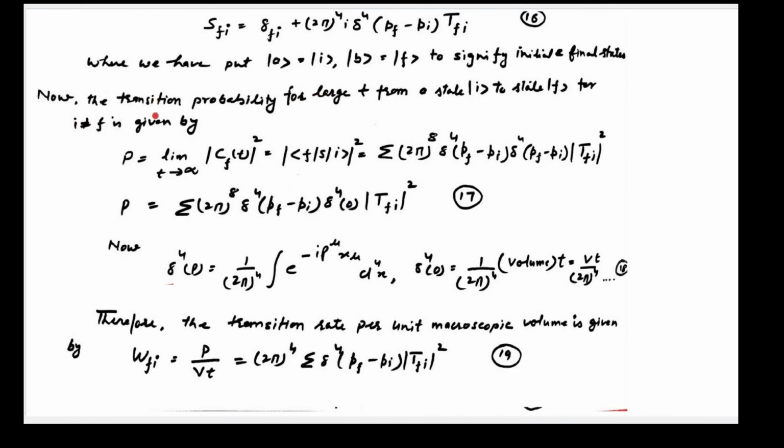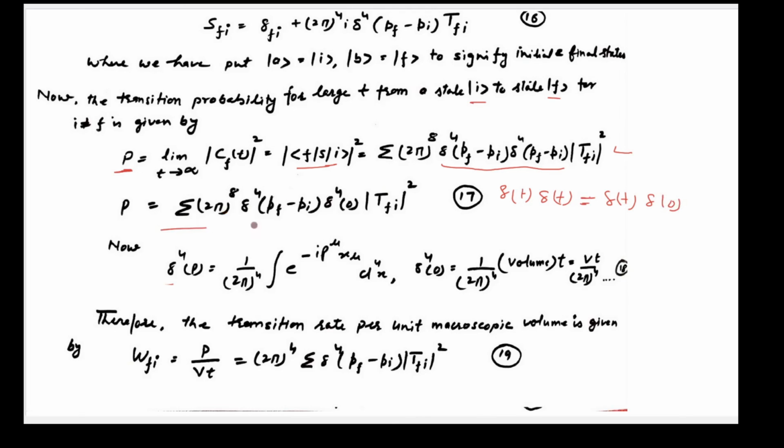Now we want to find the transition probability for large t from initial state I to final state F. The transition probability is equal to the square of the transition amplitude. The transition amplitude is C_t, which is equal to this, the square of the S matrix. So we will get this, and we will solve it by using delta t equal to delta t and delta 0.